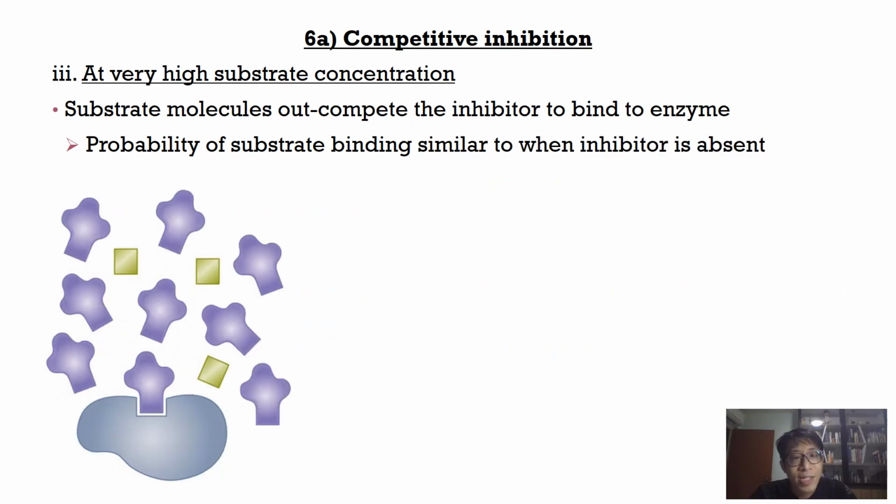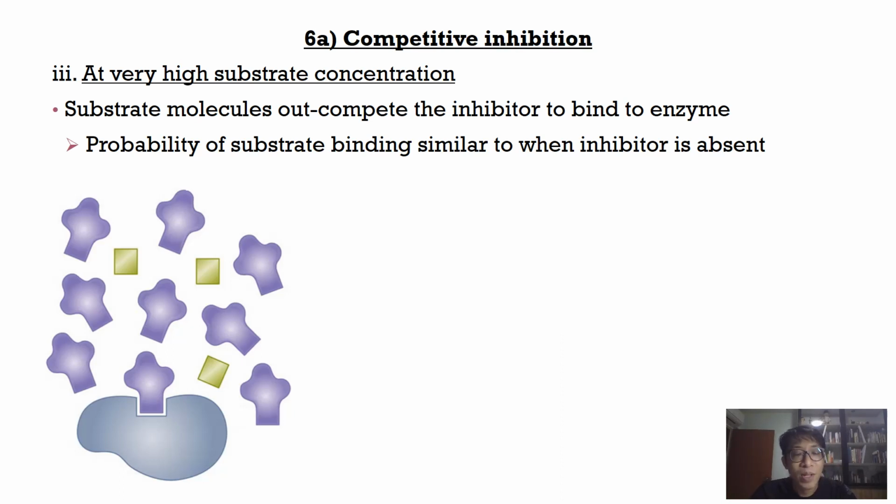When the substrate concentration increases to a very high concentration, the substrate molecules would be able to outcompete the competitive inhibitor to bind to the enzyme. So the probability of substrate binding is similar to when the inhibitor is absent. The number of substrate molecules is so much higher than the competitive inhibitors that it is as if the competitive inhibitor is not there.